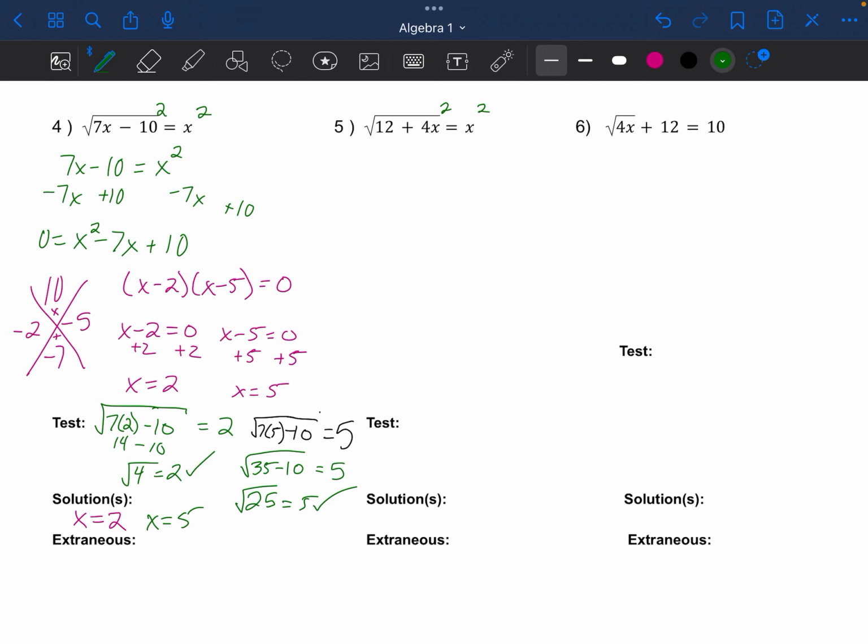Square both sides. We get 12 + 4x = x². Then subtract 12 and subtract 4x from both sides.